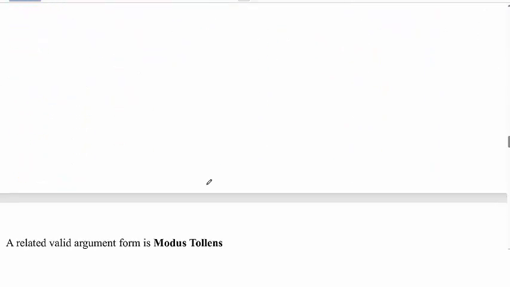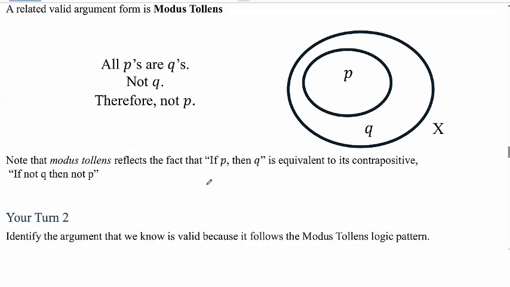All right, let's look at another logic pattern. So this one is called modus tollens. Modus tollens starts out the same as modus ponens, so we still have all P's are Q's, but then we say Q didn't happen.